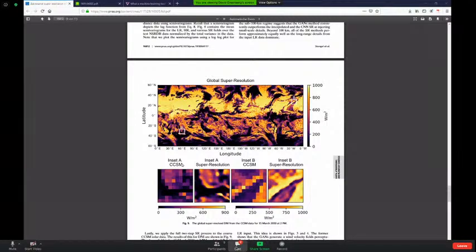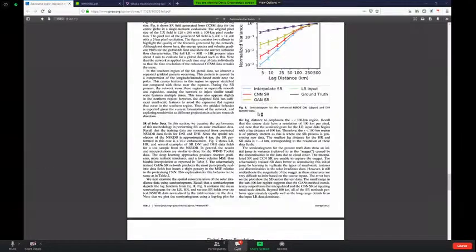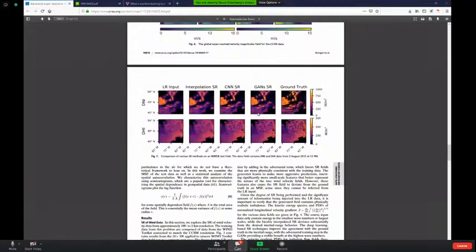Yeah, exactly, as Felix points out in the chat, figure 7 is training data, where they know the ground truth, and they have this supervised setup. Figure 7, I think, is also on the global circulation model. The comparison of various SR methods. Oh, okay, sorry.